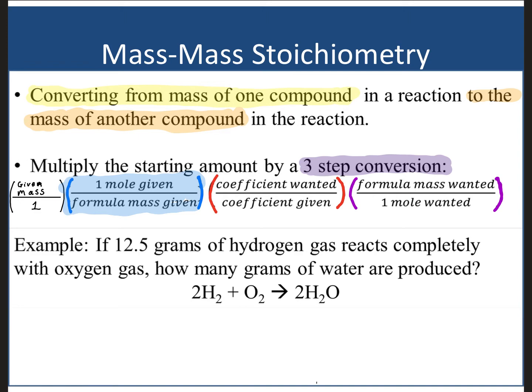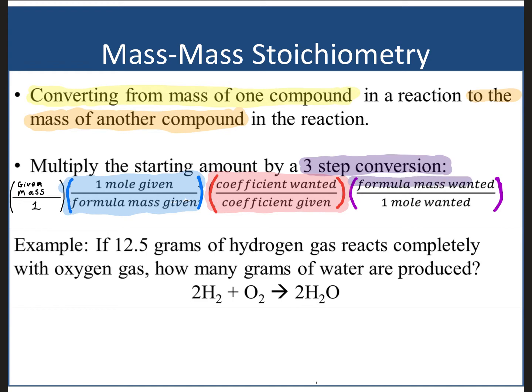Our second step is to change our chemical, and this uses the coefficients in our balanced chemical equation. This is that mole-to-mole step we talked about yesterday. So I take the coefficient of my wanted substance over the coefficient of my given substance.